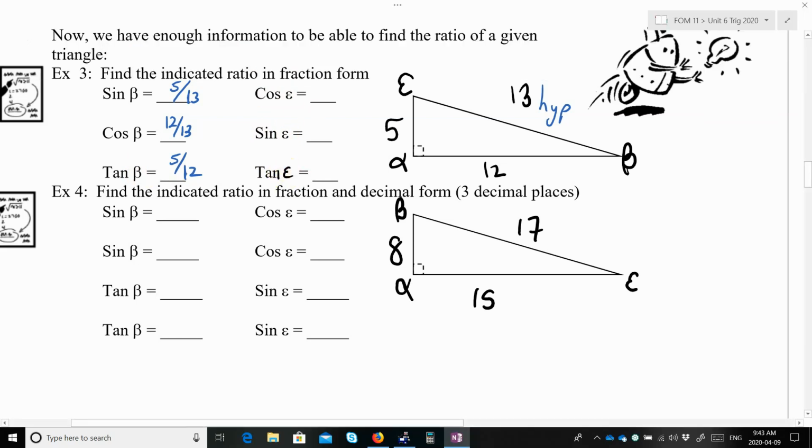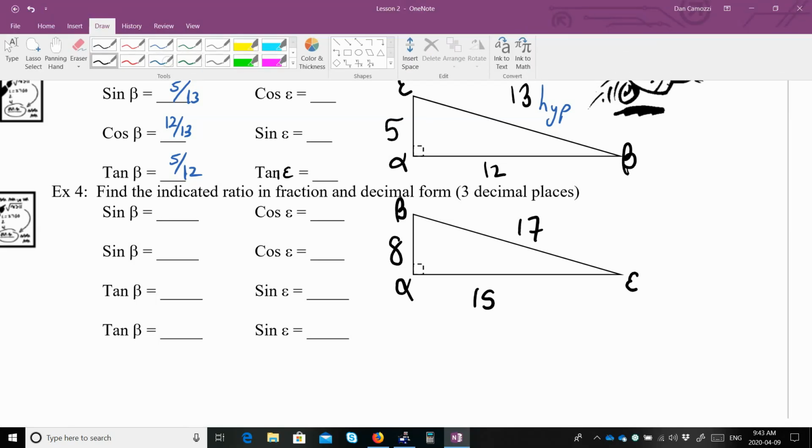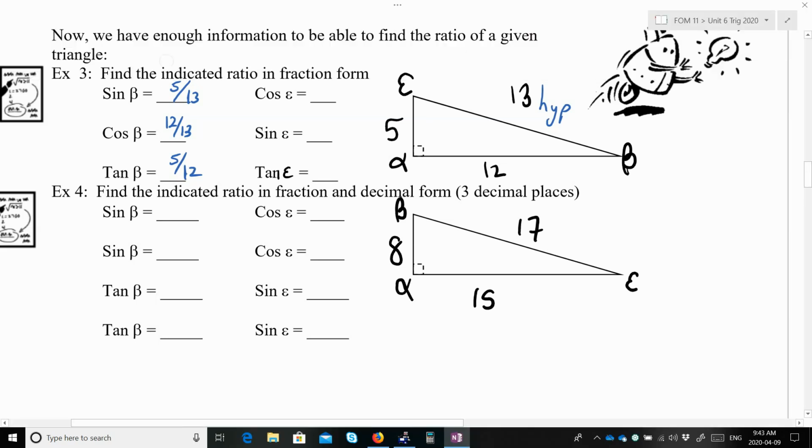Tan epsilon. Now, the hypotenuse side, that always stays in the same spot, right? It's across from the 90 degrees. But if we're talking about epsilon now, that means that the 12 is the opposite side, and the side beside epsilon is the adjacent, the 5 here.